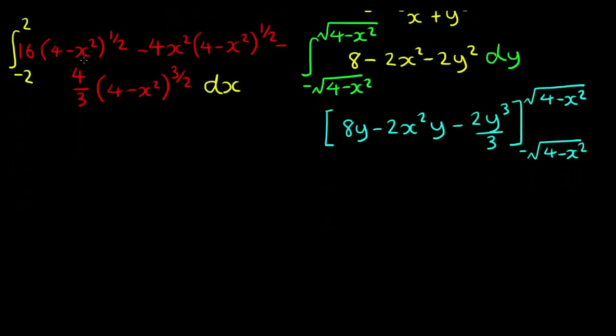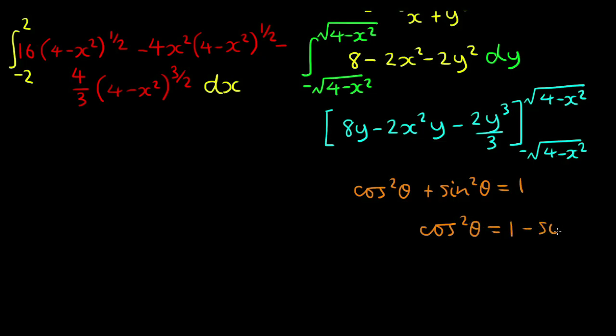And now we can evaluate this using trig substitution. So if we take cosine squared theta plus sine squared theta is equal to 1, and subtract sine squared theta from both sides, so we get cosine squared theta is 1 minus sine squared theta.